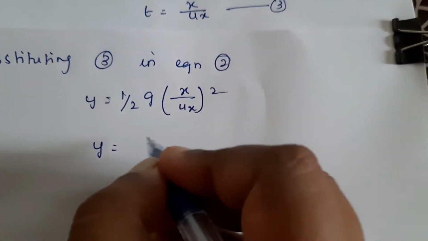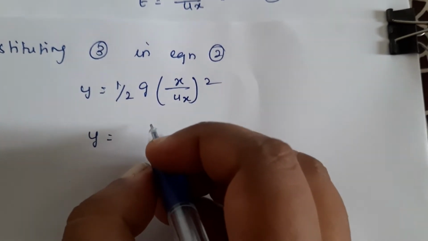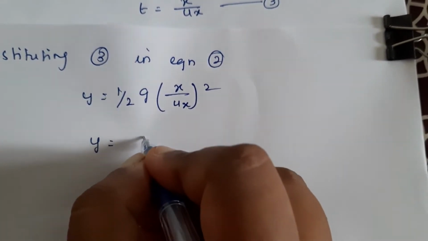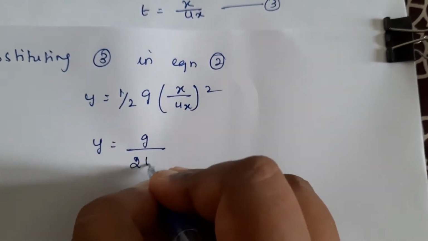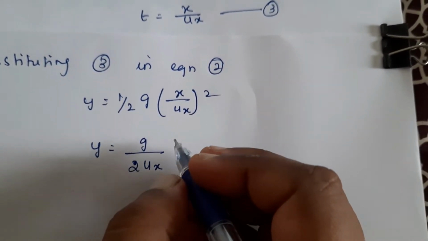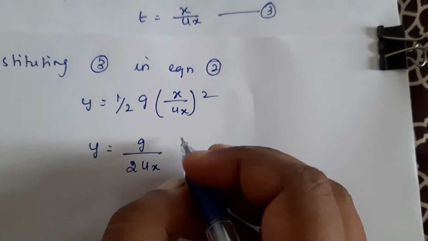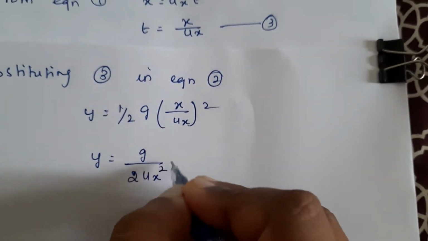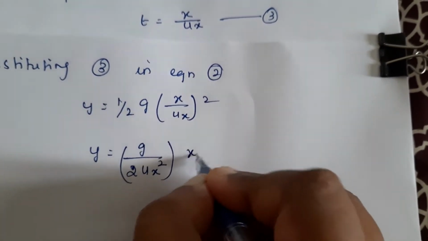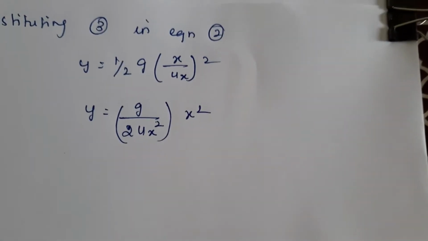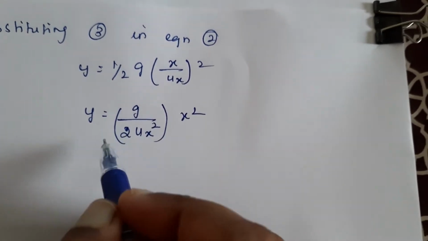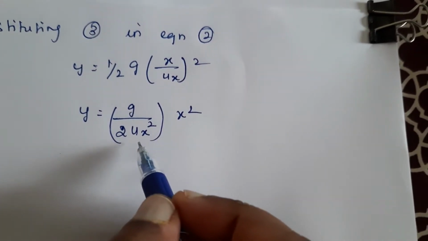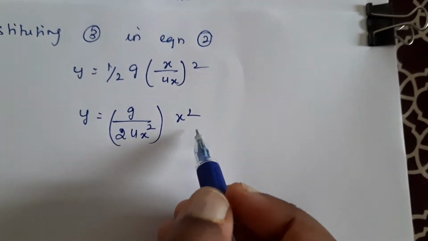Now this can be written as y is equal to g by 2 ux square into x square. I am rearranging it.